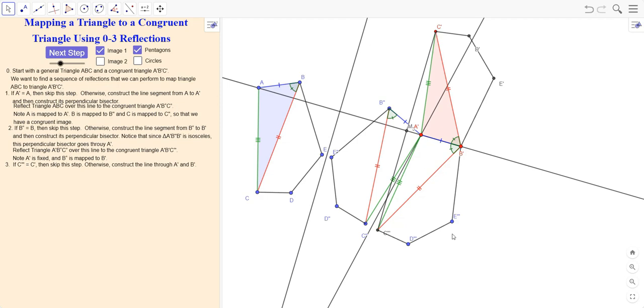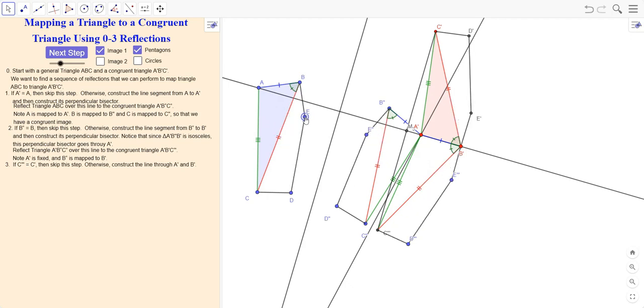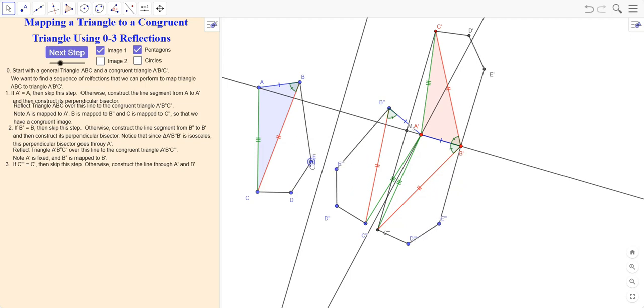And we do that, but look what happens. D triple prime is going to be mapped to D prime up here, and E triple prime is going to be mapped to E prime. So it really didn't matter what this thing looked like. Putting some more vertices on it did not change the fact that we only needed those three reflections.